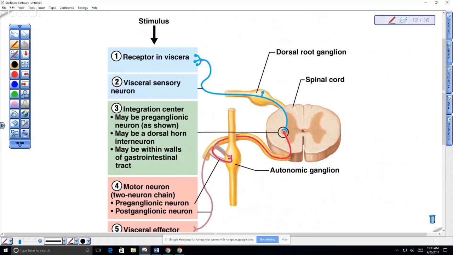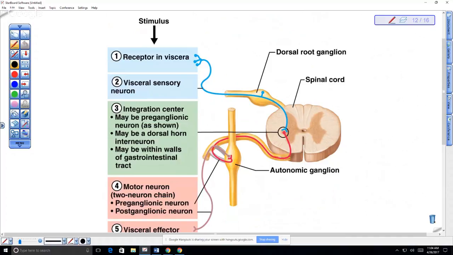And the reason is that, notice in that lateral horn, is there an interneuron? No. How many synapses do we see in the spinal cord? One. In the spinal cord, that's the only synapse. This is the synapse in the ganglia. But this is the only one in the spinal cord. That's why they're said to be monosynaptic.